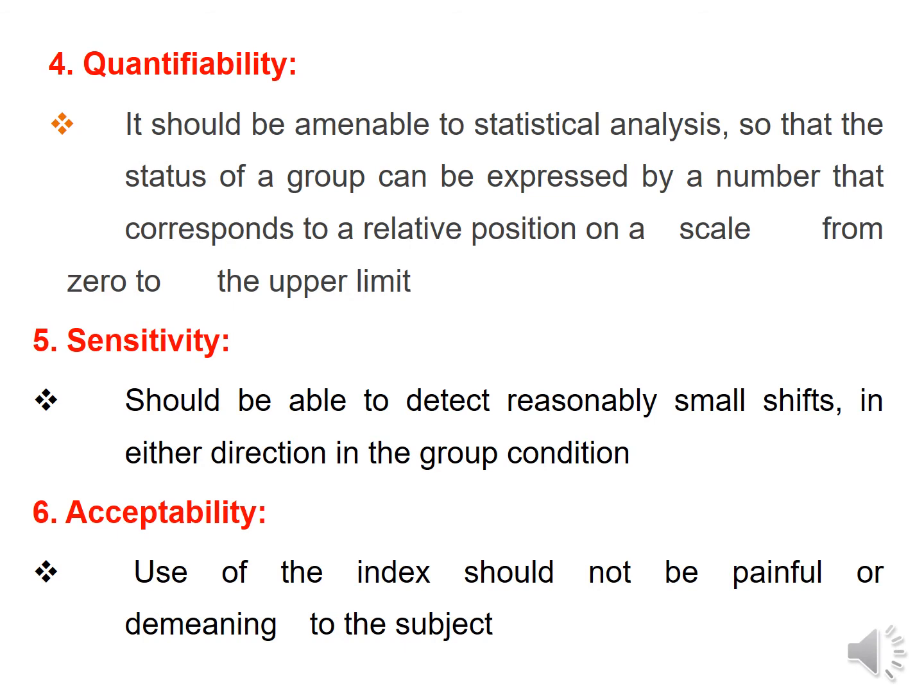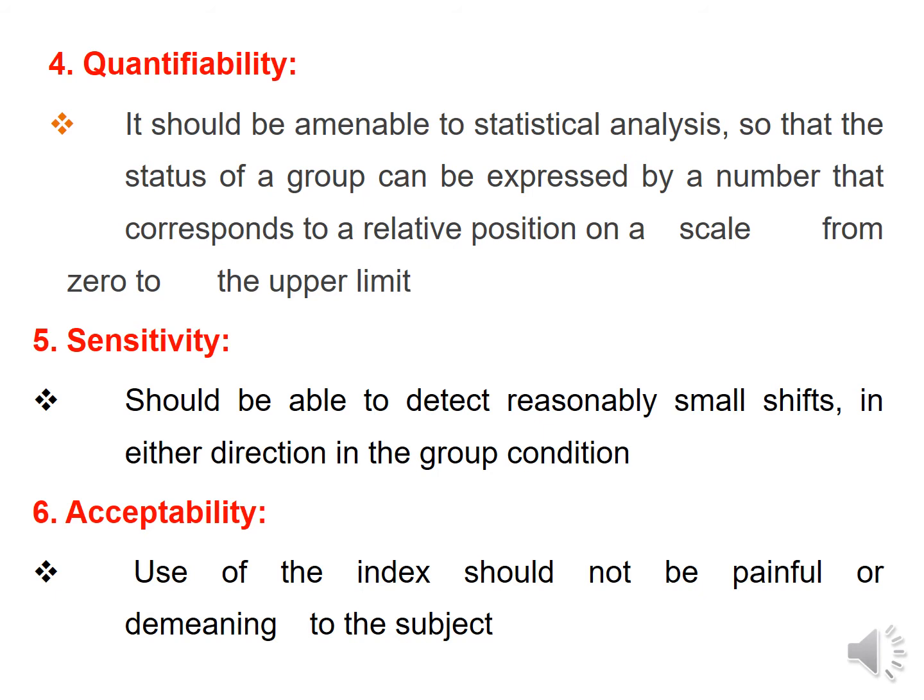Okay. The fourth point for an index is that you must have quantifiability. It should be amenable to statistical analysis so that the status of a group can be expressed by a number that corresponds to a relative position on a scale from 0 to the upper limit.